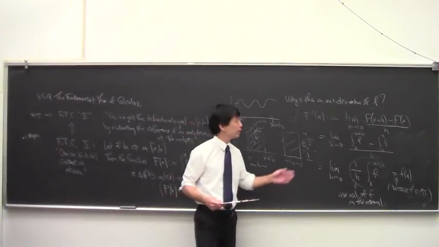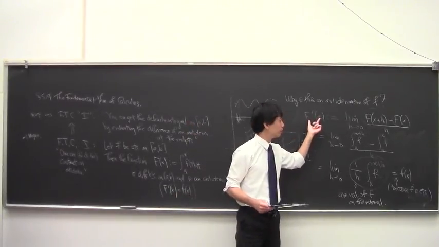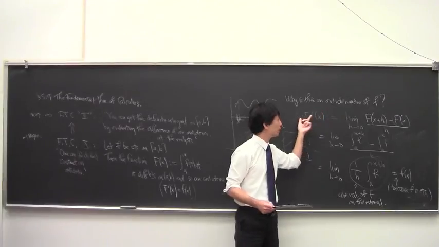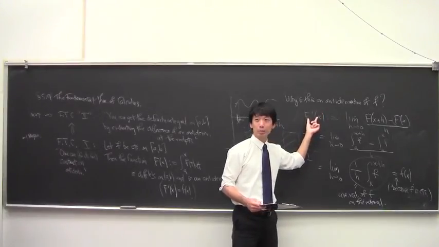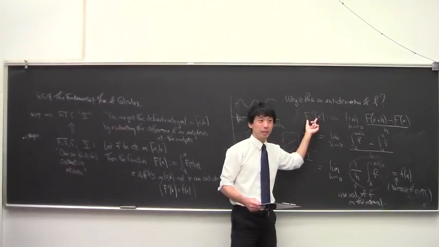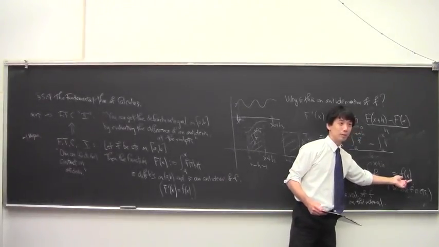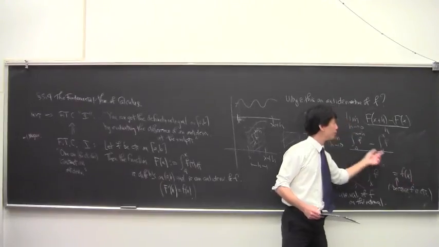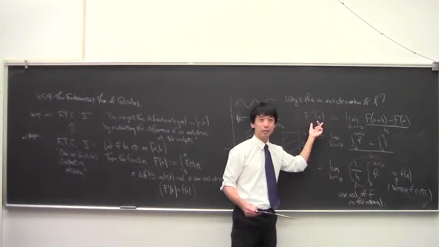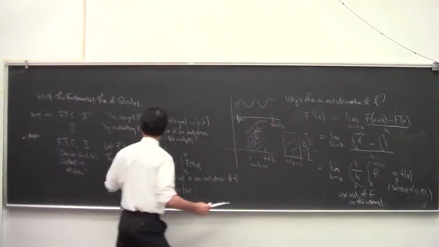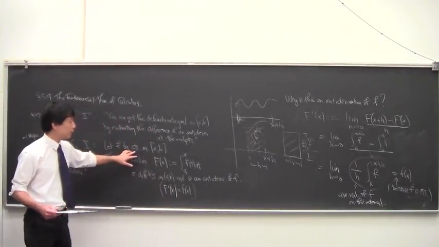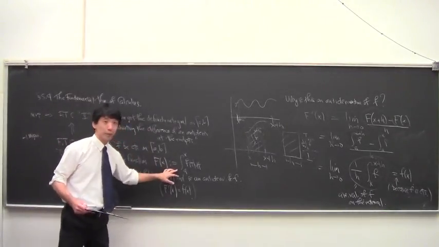And that's why this is an antiderivative. You make this area function, and then you look at its derivative, and lo and behold, its derivative is little f. So you've created an antiderivative. That's the moral here. Given any continuous function, you can actually create an antiderivative.